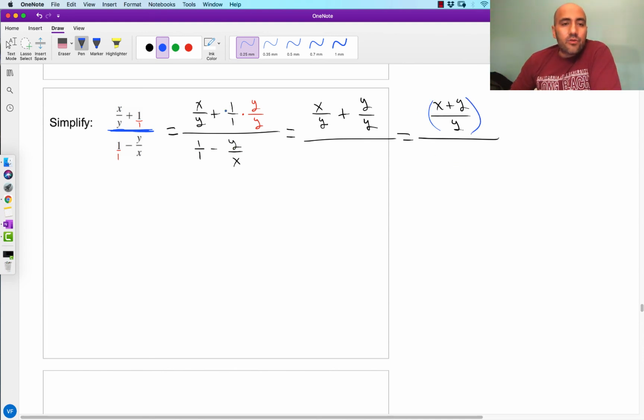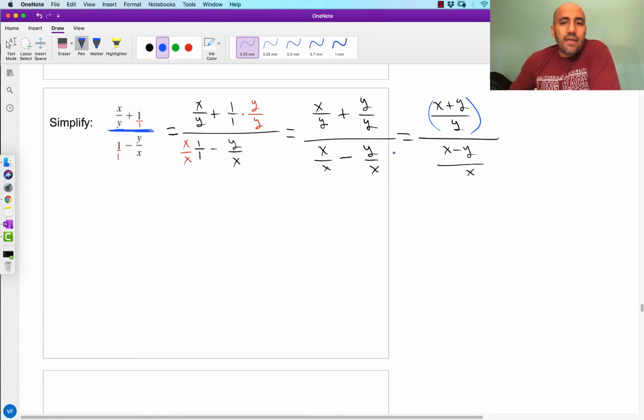Now in the denominator, I'm going to do the same thing. Common denominator in this case is going to be an x over an x. So combining them is going to give me the following. I'll end up with an x over an x minus a y over an x. Common denominator is x, so that will result in x minus y divided by x.